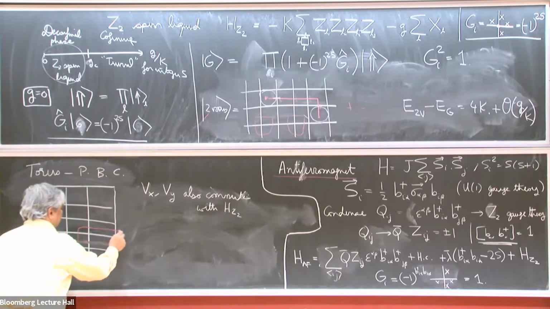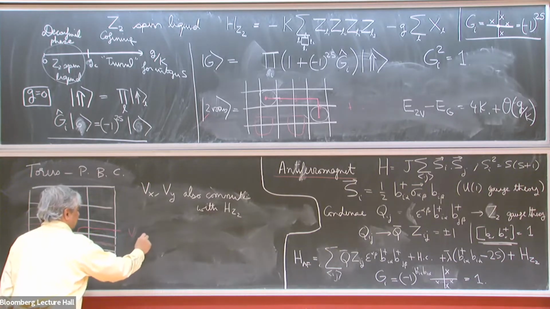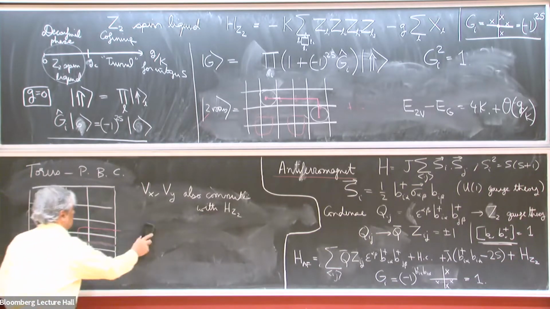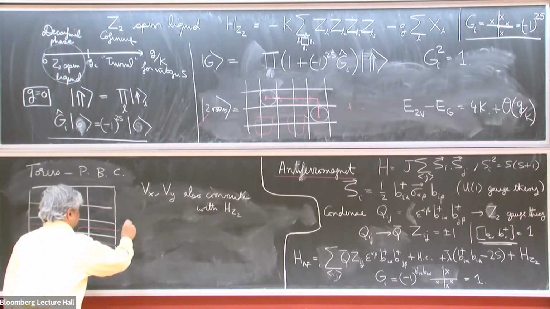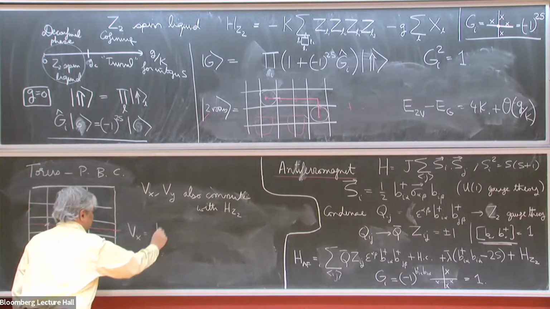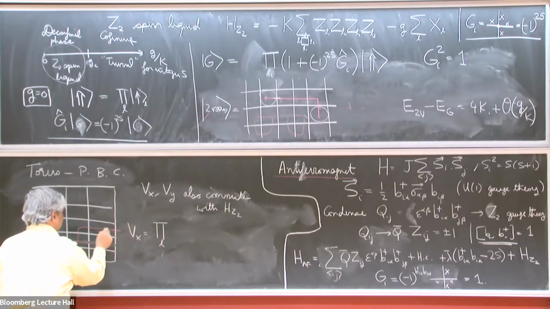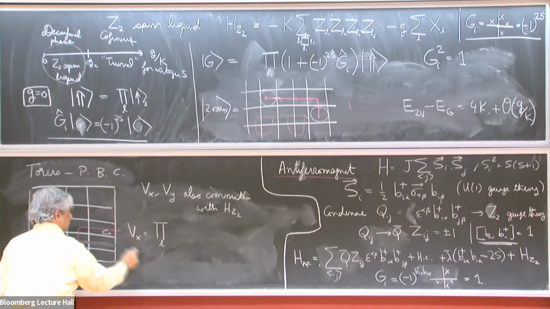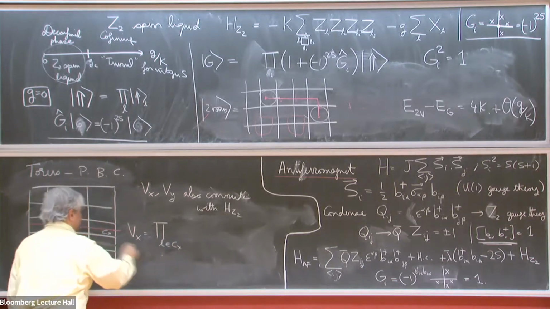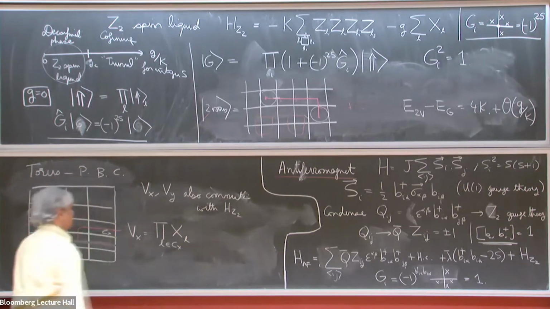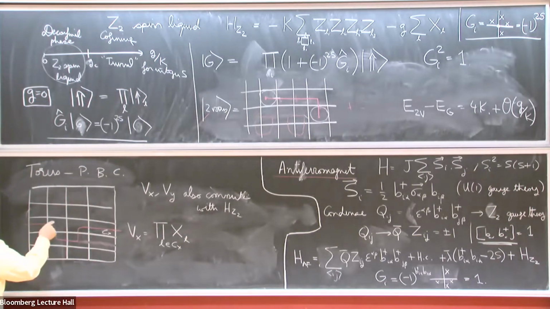And I define V sub x as just the product on this loop here. Let's call this Cx. Some loop that encircles the whole torus of the x operators. So you take x here, x here, x here, x here, and so on.